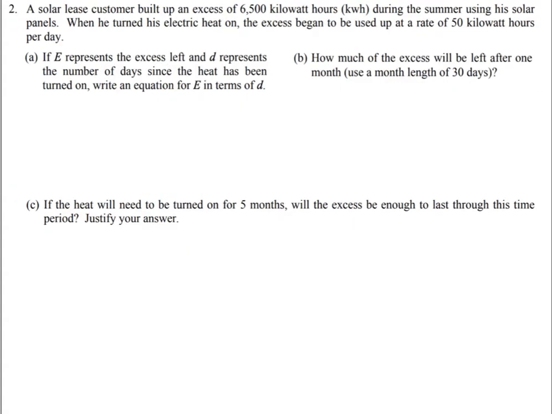All right, moving on. Let's do a little bit of work setting one up. Here's that solar question that I thought would be so interesting to some of you. They built up an excess of 6,500 kilowatt hours, kWh. When the heat's turned on, he begins to use at a rate of 50 kilowatt hours per day. If E is the excess and D is days, let's write the equation.